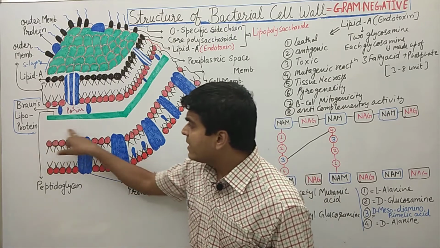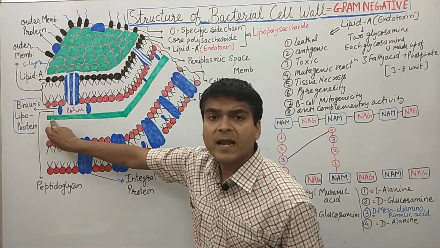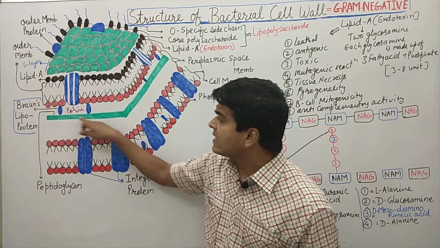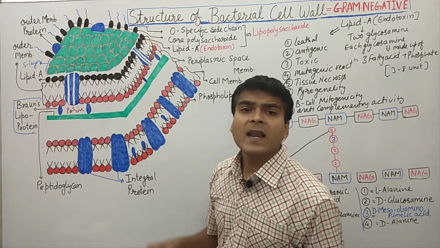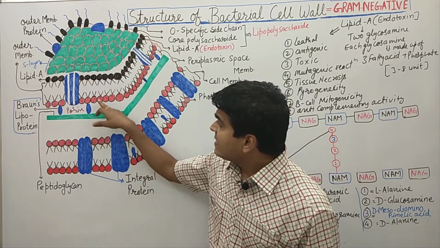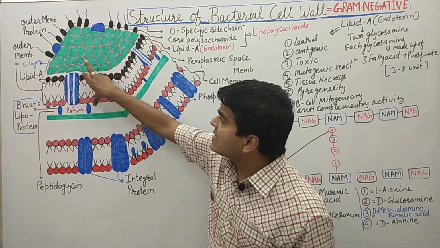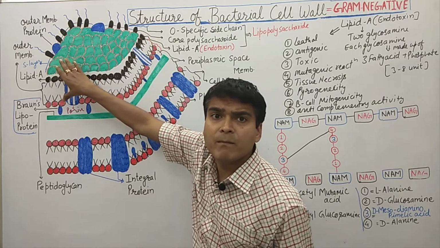This portion is known as the periplasmic space, and now just look at the green line. This green line is known as the peptidoglycan. Then this whole area is known as the outer membrane.